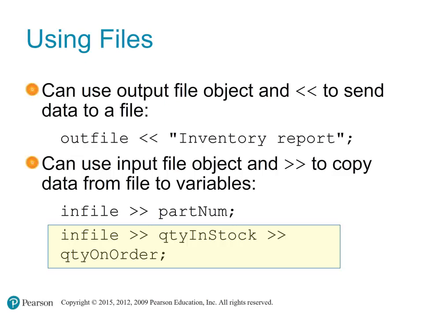This line reads two variables sequentially from the file and stores them in the quantityInStock and quantityOnOrder variables, respectively. When reading from a file, it's essential to ensure that the file contains the expected data in the correct format.